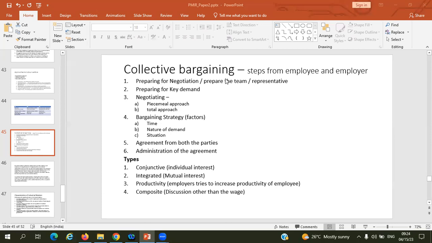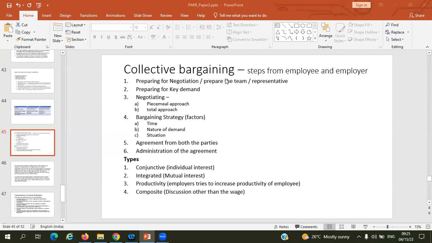Once the agreement is done, the final step is to administer the agreement. That means you are observing whether what is written in the agreement is actually followed or not. Everything will be written in the agreement: what needs to be done, when it is to be done, the timelines, how the company will do it.